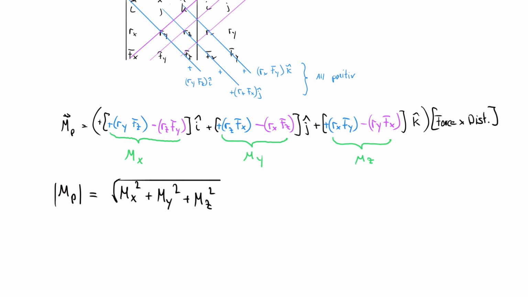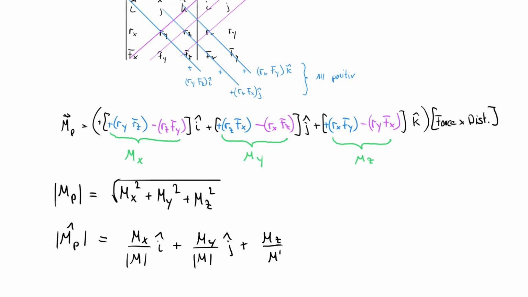And that means also that you obviously can calculate the moment as a unit vector, and that is nothing else than mx over m as a total, right? And that's i hat plus my over m magnitude, j hat plus mz over m magnitude k hat.